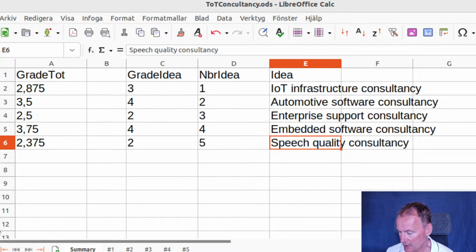Okay, so we have gone through 5 ideas on this. We have 2 main things: the embedded software and automotive software consultancy. Now, I must say, those 2, number 2 and number 4, they were very general.